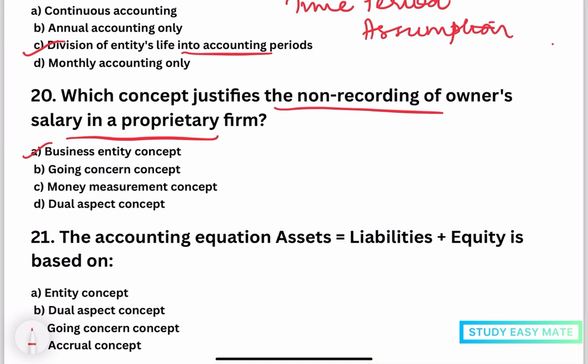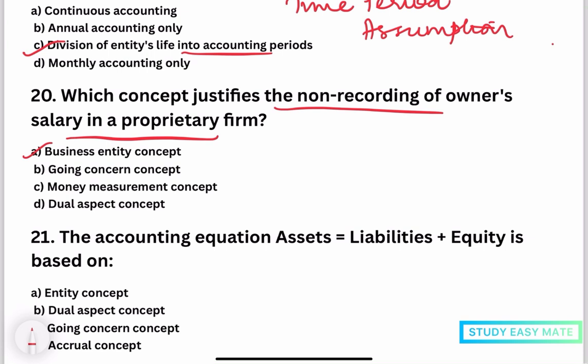If I try to explain each and every option, I think the video would not end in 2 hours because I don't want to make the video very lengthy. So I'm just leaving it to you. Just take your own standard books for reference, whichever book that you are using based on any institutes or coaching or by any mentor. Just follow one standard book and try to revise it.